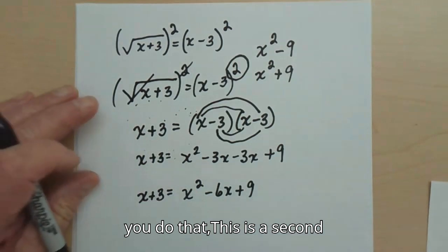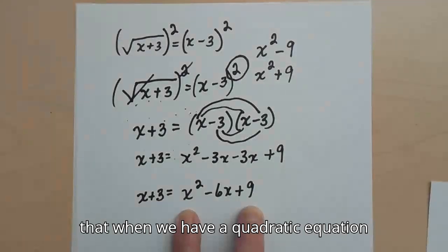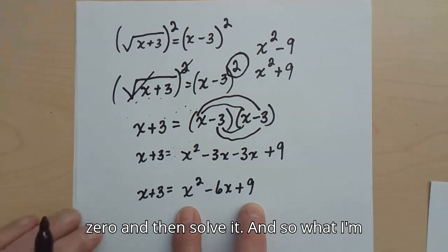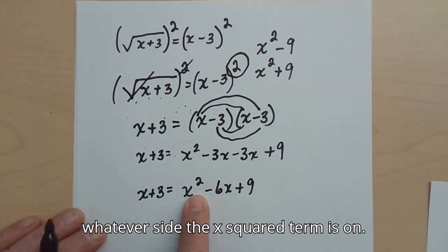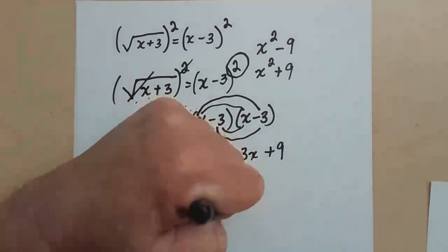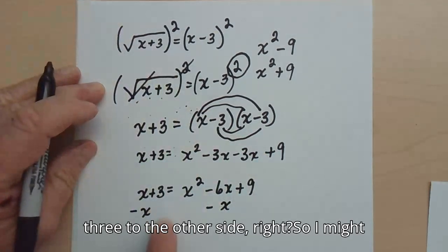Once you do though, this is a second degree quadratic equation. And we know that when we have a quadratic equation like this, we want to set it equal to 0 and then solve it. And so what I'm going to do is move all the terms to whatever side the x squared term is on. So I'm going to subtract x on each side. By the way, I'm also going to move this 3 to the other side, right?